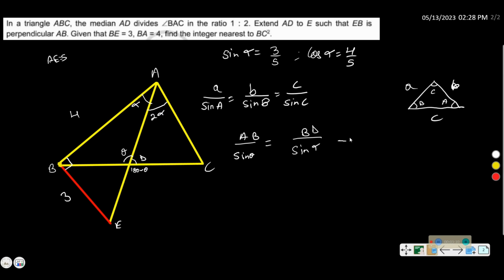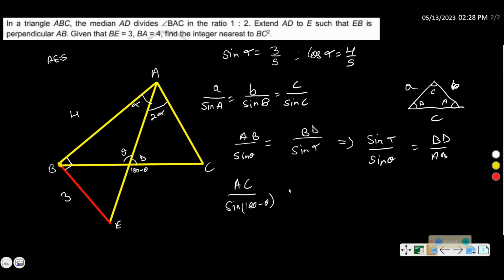So we can rewrite this as sine alpha by sine theta equals BD by AB. I hope this is understood to all. Now moving on, we can also apply the same rule in triangle ADC. So 180 minus theta is opposite to AC, so AC by sine of 180 minus theta.